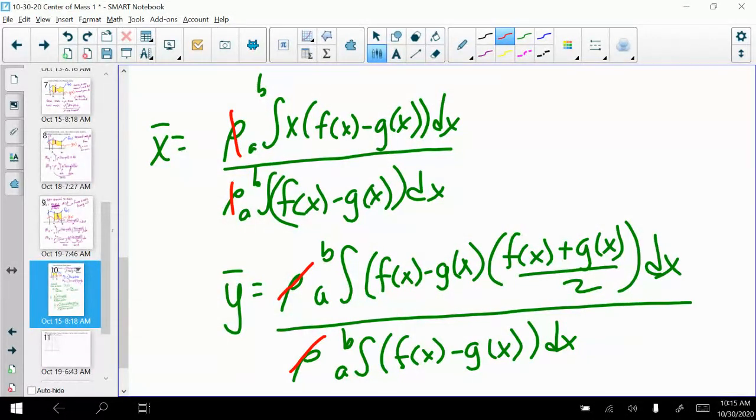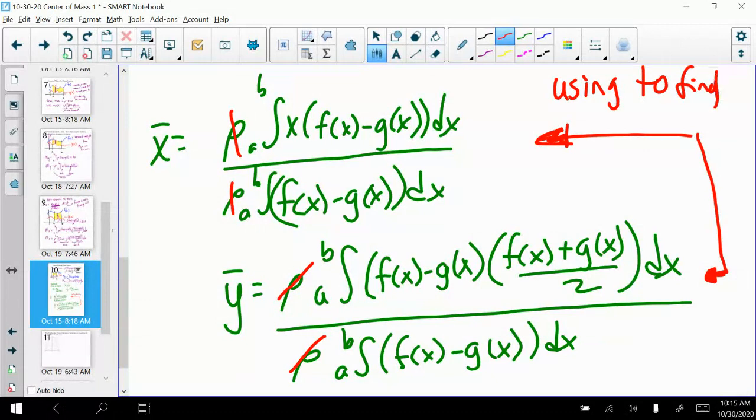All right, let's look at a couple of examples. Now, I know this sounds intense, but really understanding these makes your life easy. If you don't understand them, then you need to be able to use them. But really, we are going to be using them to find different pieces, x bar, y bar primarily.